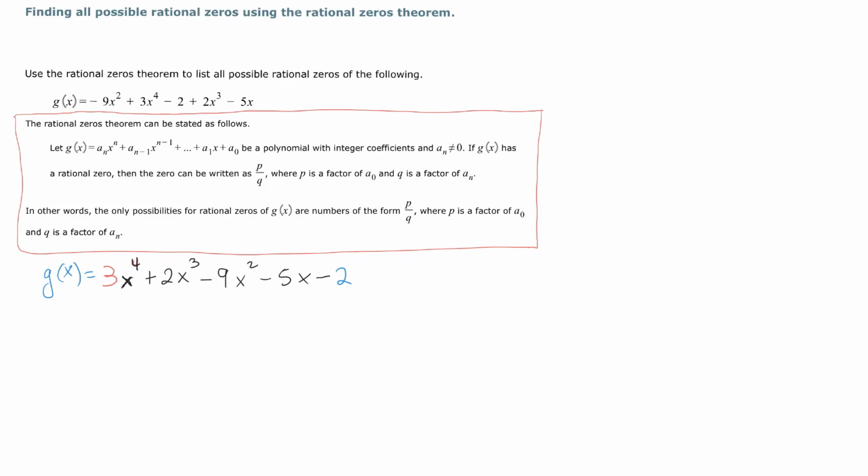And you can see that a sub n is 3. A sub 0 is equal to negative 2, and a sub n is 3. In our case, it's a sub 4, for n equals 4, if you're interested.